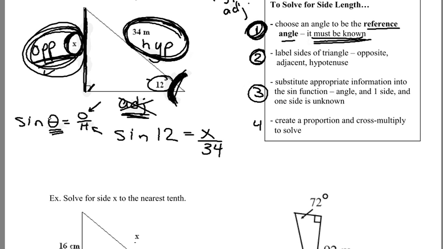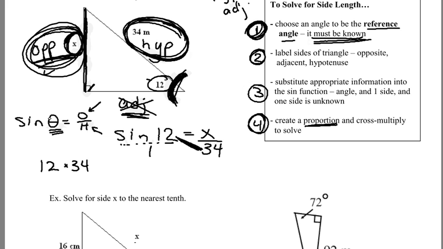And now to solve, you know what? We've got a proportion again. I can put sine 12 over 1. Now I have a proportion I can cross multiply. That's our last step every time. When I go to cross multiply, we have to be careful because I get all kinds of students that say, oh, it's 12 times 34, and that's not it.